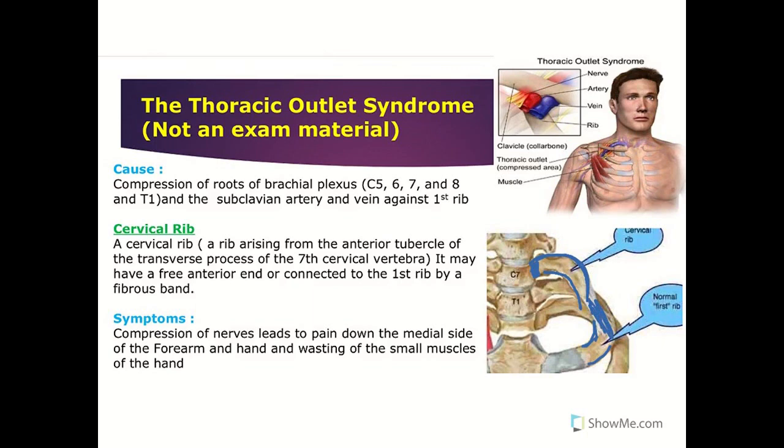It is important because here you have very important structures passing on the superior surface of the first rib, which are the subclavian artery, the subclavian vein and a nerve as well. In case of the presence of this cervical rib, it will make pressure on these structures, which will affect the clinical manifestation.